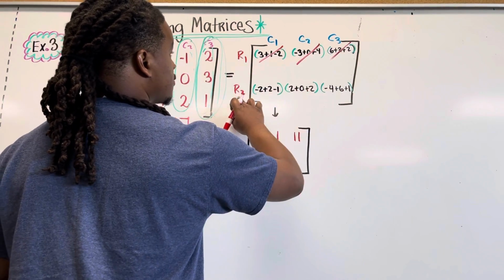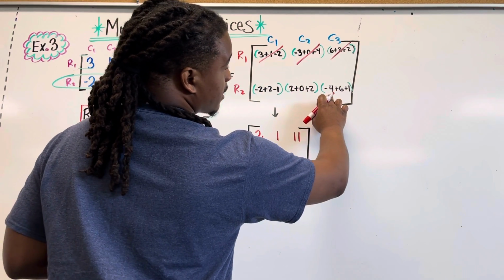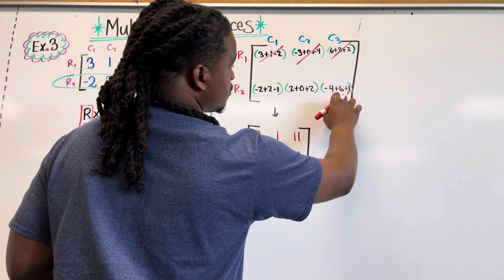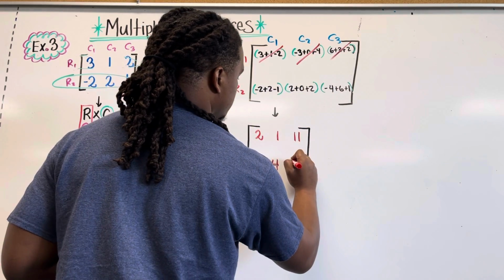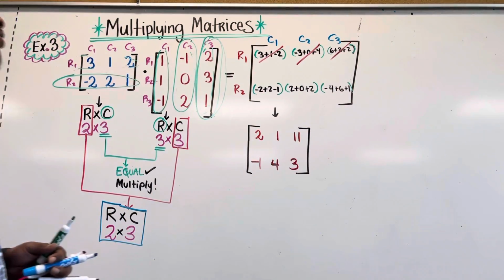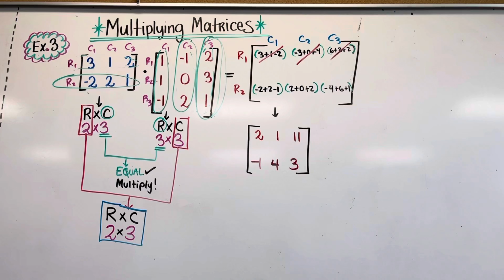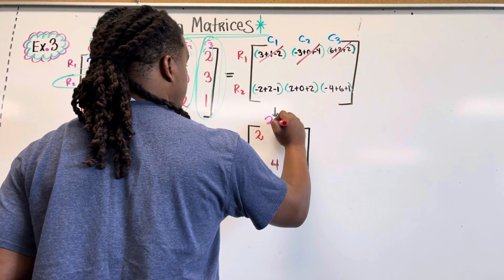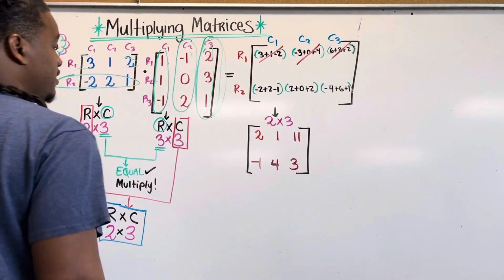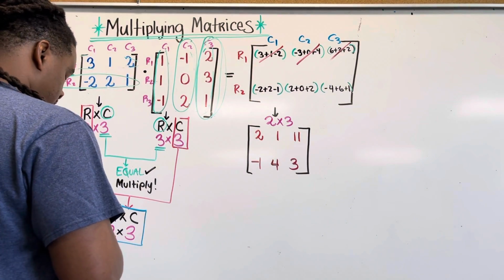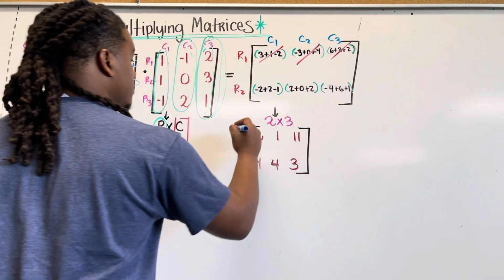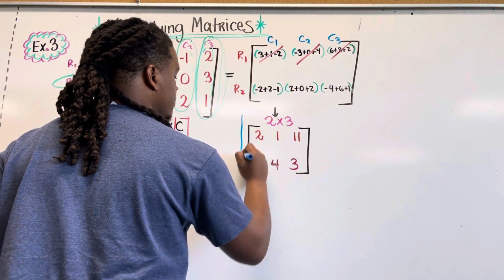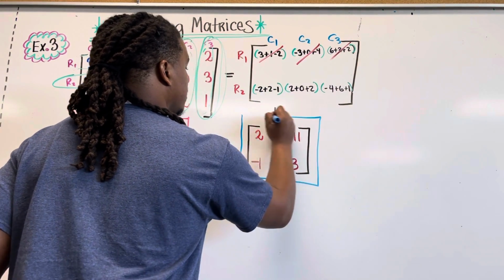And then row 2, column 3: negative 4 plus 6 is 2, plus 1 is 3. So this is our product, the 2 by 3 matrix that we get after we multiply these two matrices together. This right here, guys, is our answer and our product.